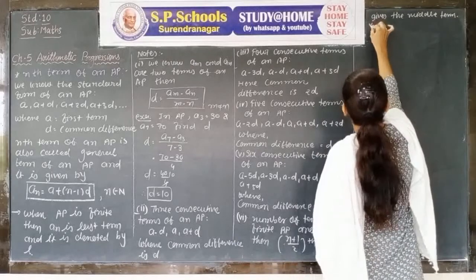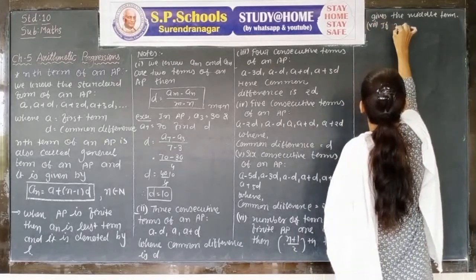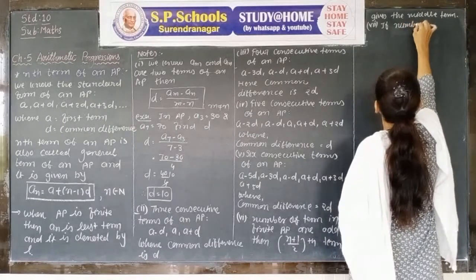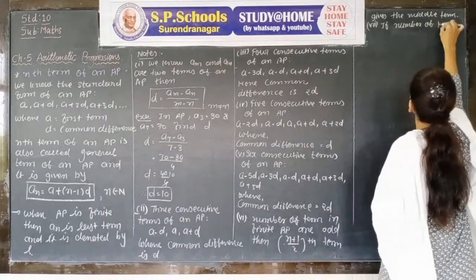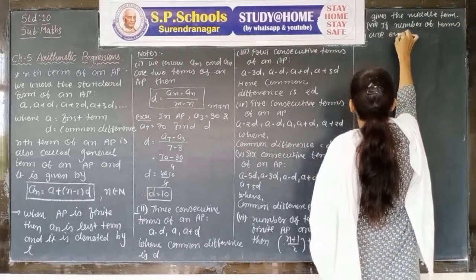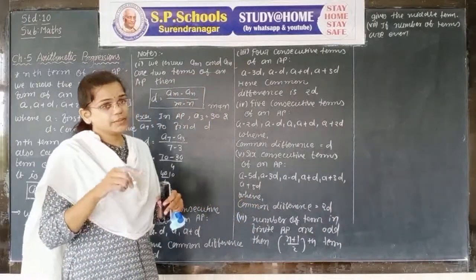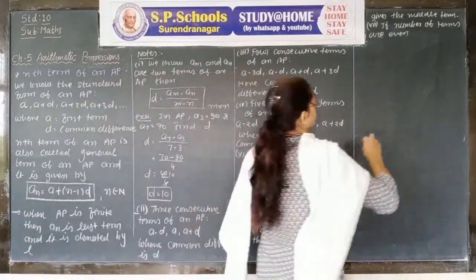Next one, if the number of terms is even, then there is no single term in the middle. There are 2 middlemost terms.